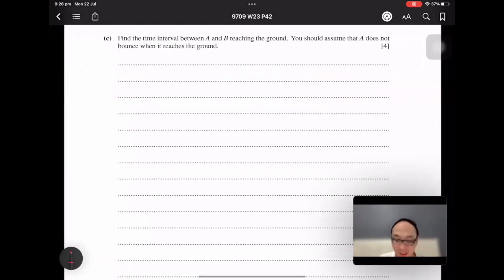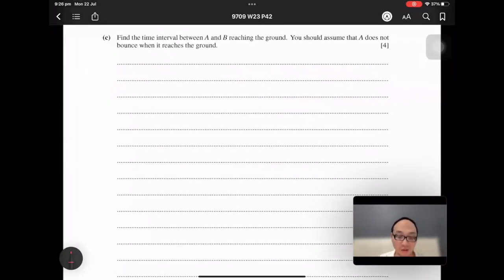Part C. Find the time interval between A and B reaching the ground. You should assume that A does not bounce when it reaches the ground. So from the previous question, A and B meet at the height of 20. The velocity of A is negative 4.5 meters per second, meaning it's going down. B is stationary.